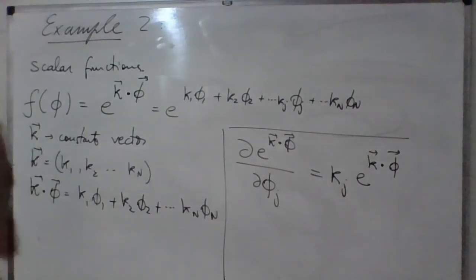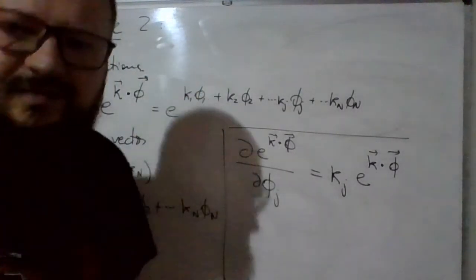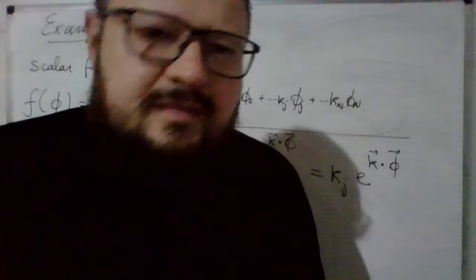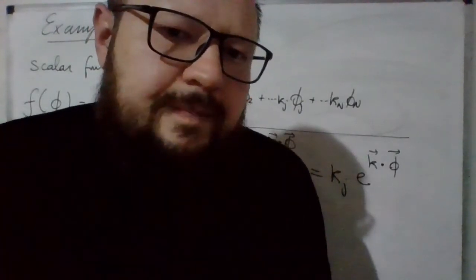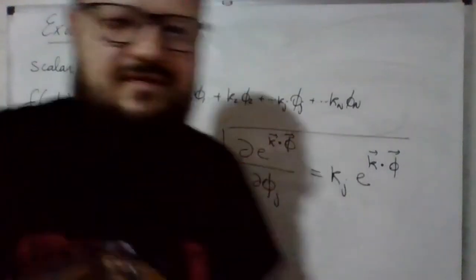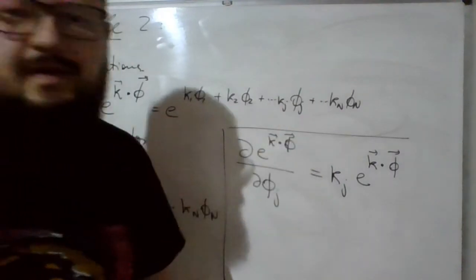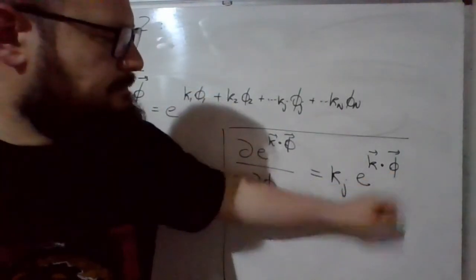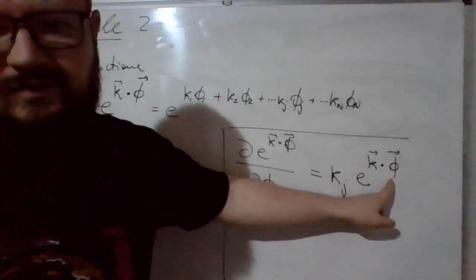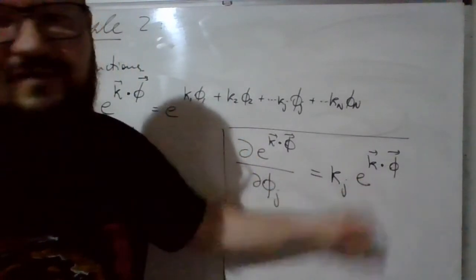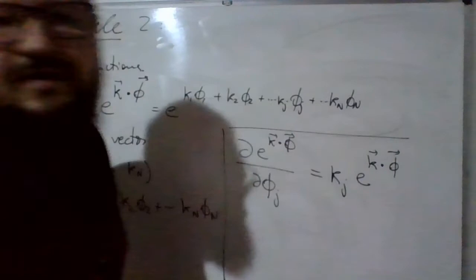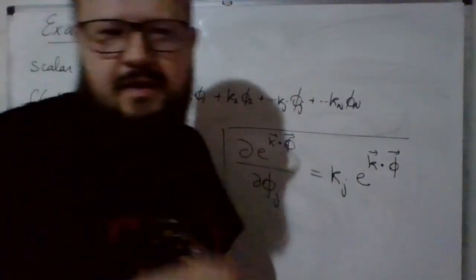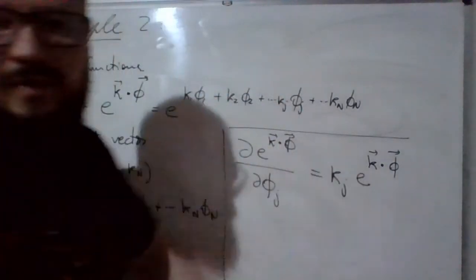Okay, this is a common result encountered in the study of waves. You have a phase factor. Usually this is the position vector in replacement of phi. This is the wave number. You have an imaginary factor here or whatever, but it's a common result.